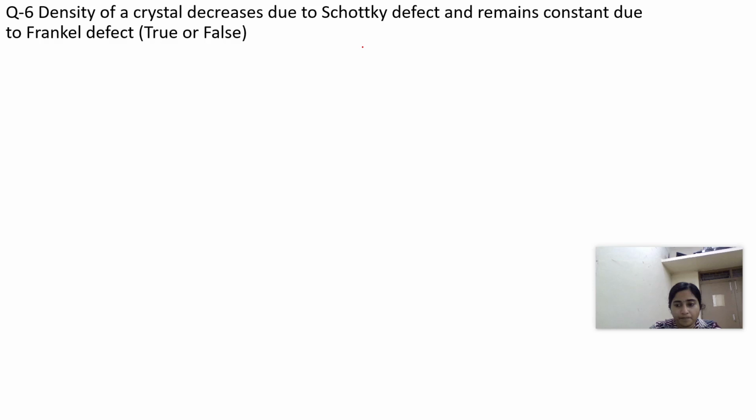Experimentally, people normally do it with XRD. From XRD, you can see the atomic arrangement, whether the atoms are in the proper place or not. If atoms are displaced, like in Schottky defect, the diffraction pattern will be different.